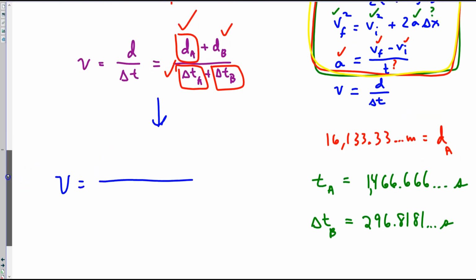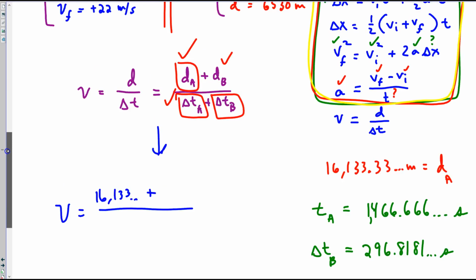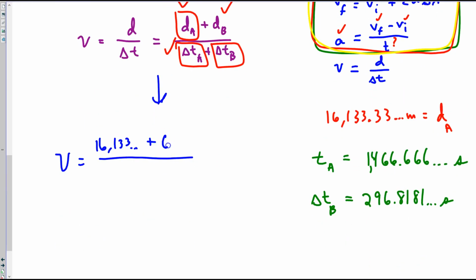That's what I found, 16,133, plus B's distance. That's 6,530. I divide by A's time for segment A, 1466. Keep all those decimals. I add with that first time, I add the second time to get the total time.